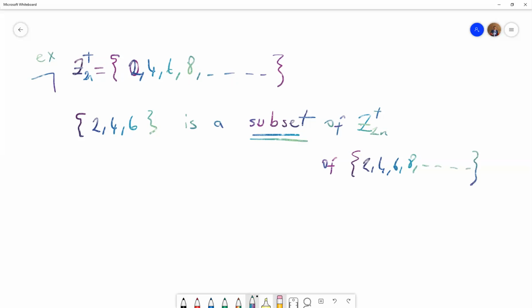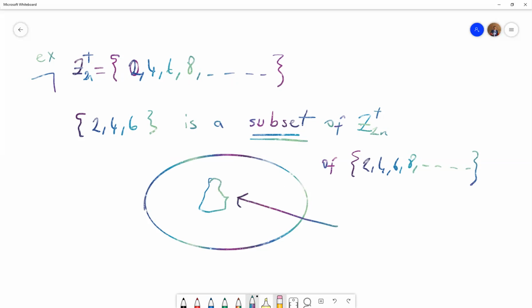Also, you can show the set like that. This is a big set, our big set, and the subset is like that. Let's say here A, and let's say here B. This is B, and this one is A. Subset is here.